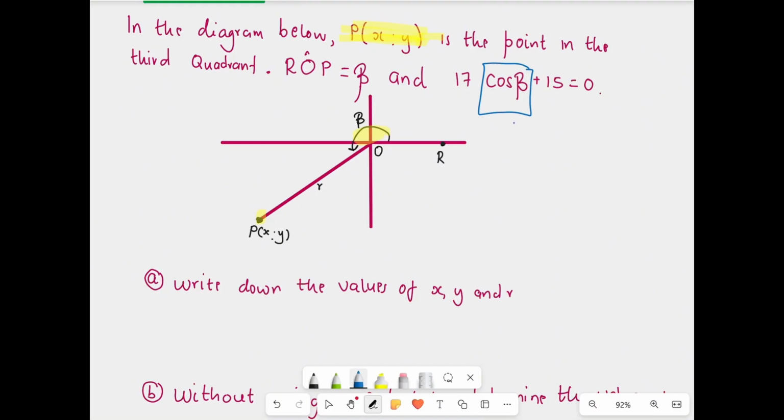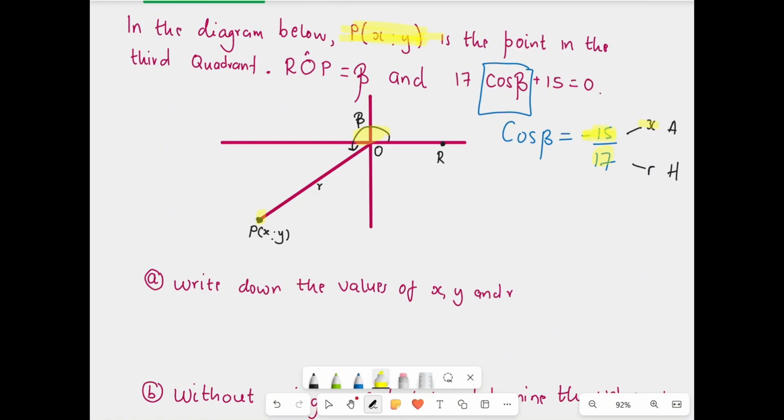So that means here, our cos beta is equal to negative 15 over 17. Remember the definitions now. The definition of cos is x over r, or you can say it is adjacent over hypotenuse. So here we do have our x. Our x is negative 15. We do have our r. Our r is positive 17.